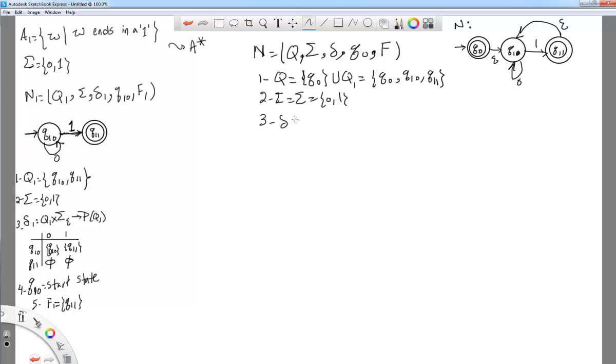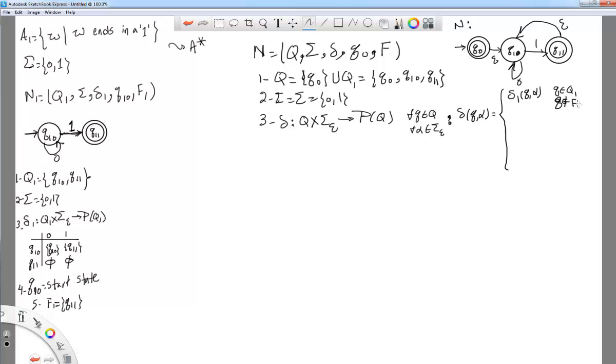Then the delta transitions go from Q cross sigma epsilon to the power set of Q. For every q from my set Q and every letter alpha from sigma epsilon, delta of q, alpha is defined by cases. It's delta sub 1 of q and alpha if q was one of my original states and was not an accept state.